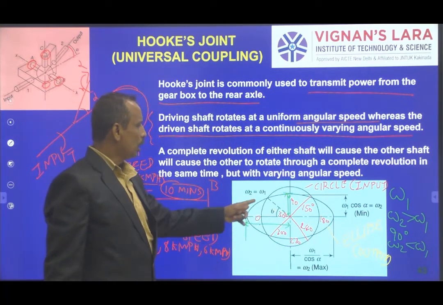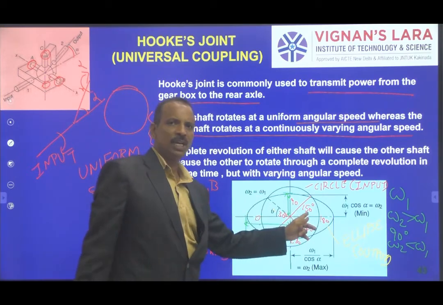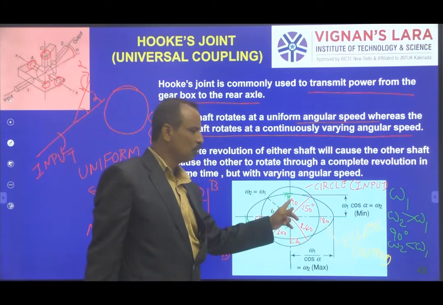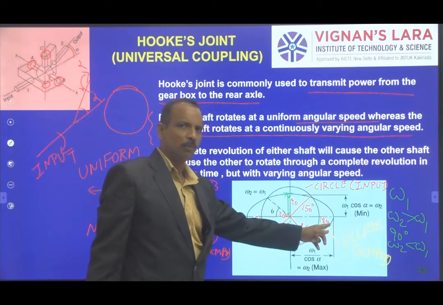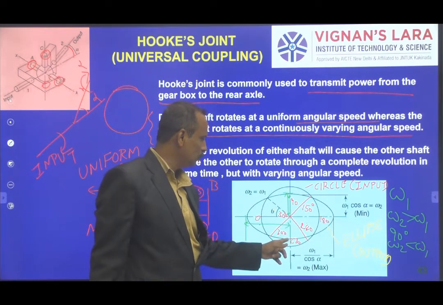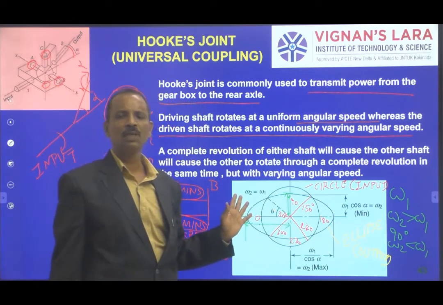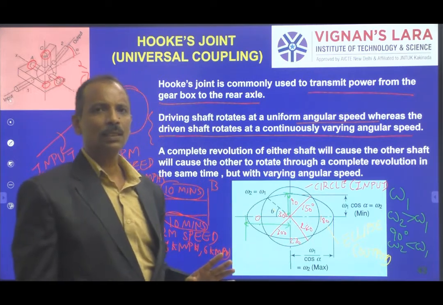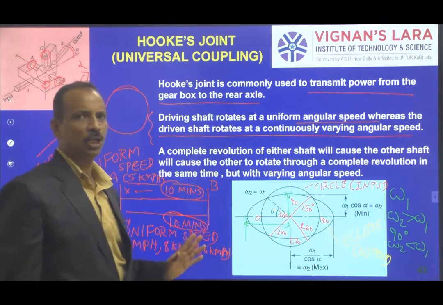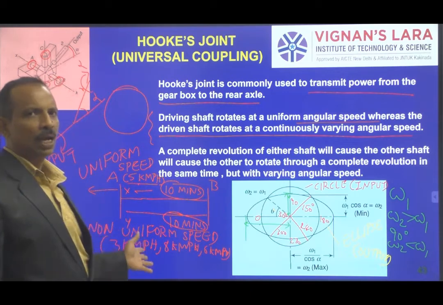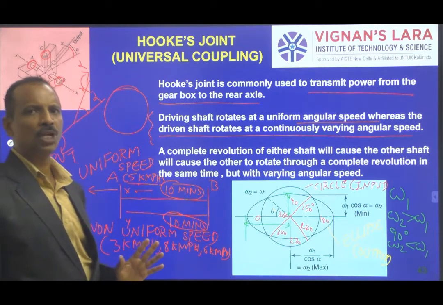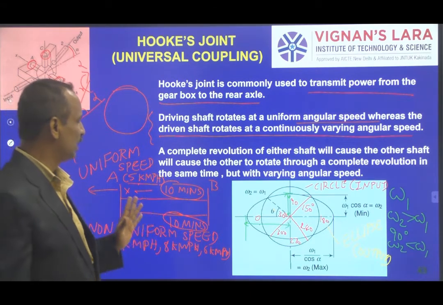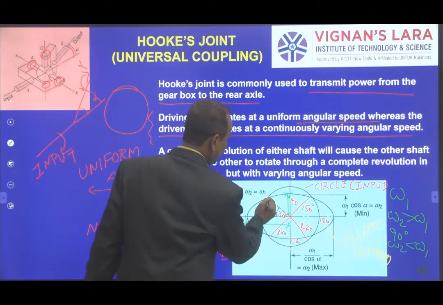Okay. So there is a continuous variation from maximum to minimum, minimum to maximum, then maxima to minima, minima to maxima. In this process, there is one location where the input shaft and output shaft will rotate with the same speed, that is this point.